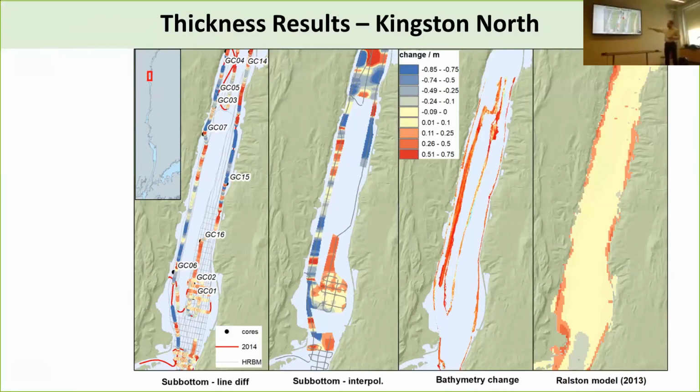So we see a pattern of erosion and deposition in some areas, where the bathymetry survey seems to be mostly showing deposition, and the model shows a little bit of deposition on the side, but not much happening.